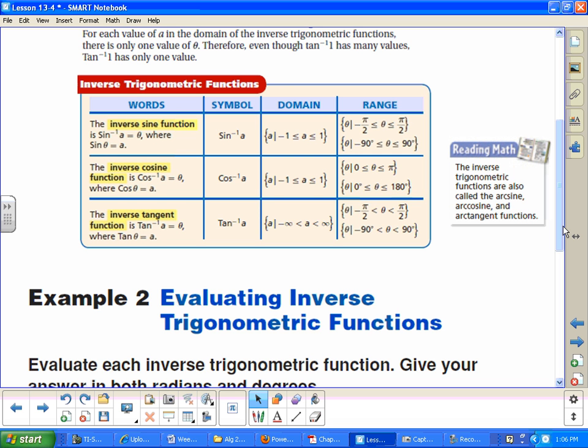The range for sine is between negative pi over 2 and pi over 2, or negative 90 and 90. Domain is the x values, the independent variables. For inverse cosine, for it to be a function, the domain is between negative 1 and 1. The range is between 0 and pi, or 0 and 180 degrees.